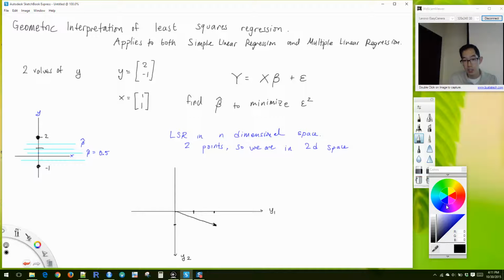So this vector represents the location of our data. Can you guys read that?